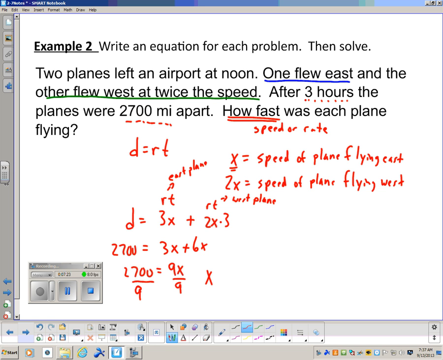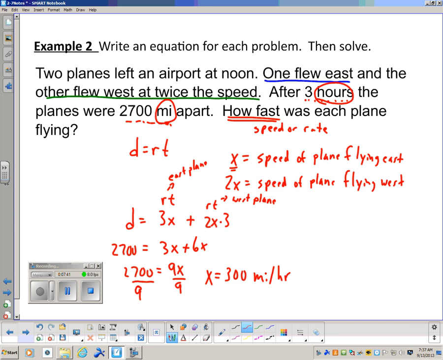And we end up getting x equals 300. So the eastern plane there is going, we got miles up here, and we're talking about hours. So speed is miles per hour.